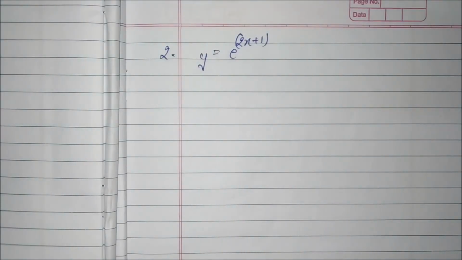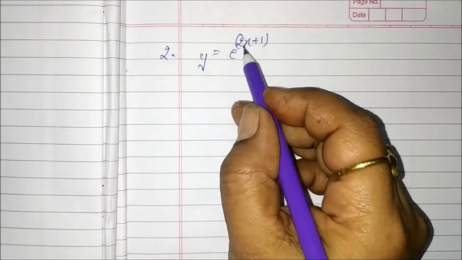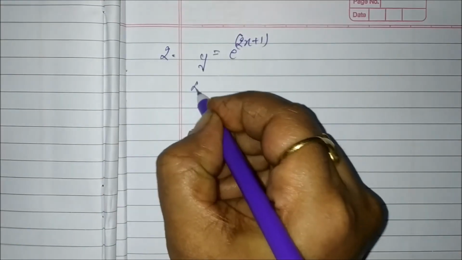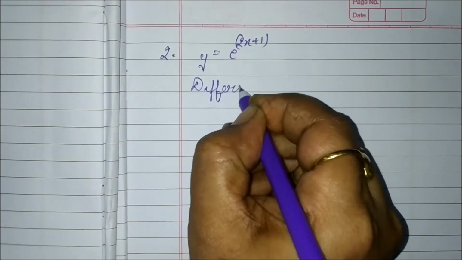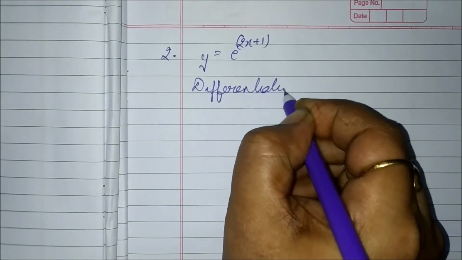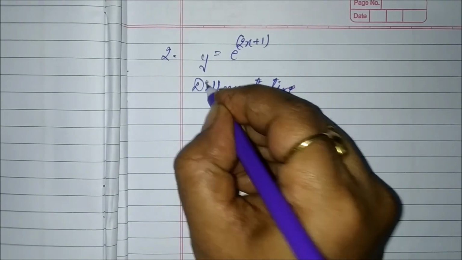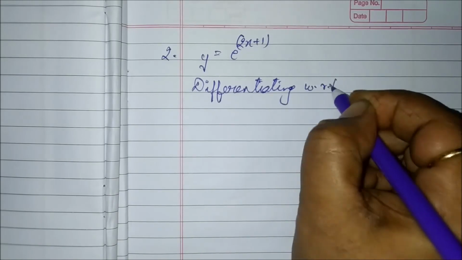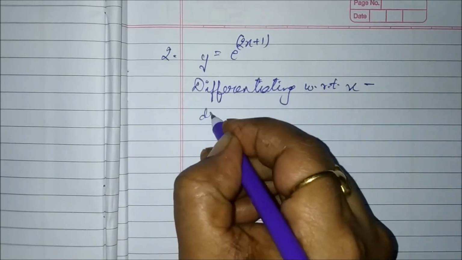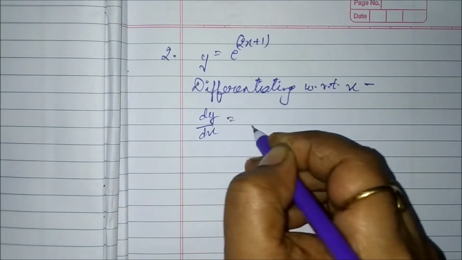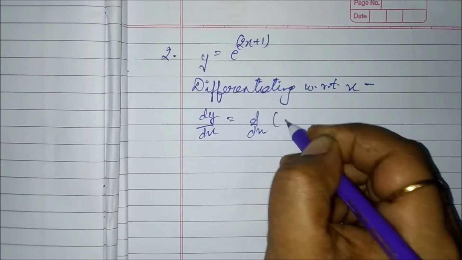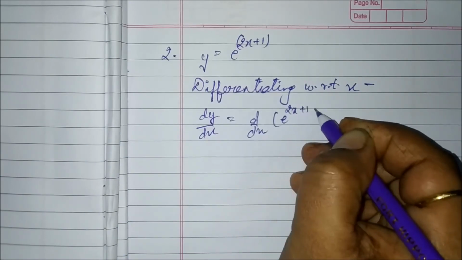See next sum. Here again it is given e raised to 2x plus 1. So differentiating with respect to x we get dy by dx equals to d by dx of e raised to 2x plus 1.